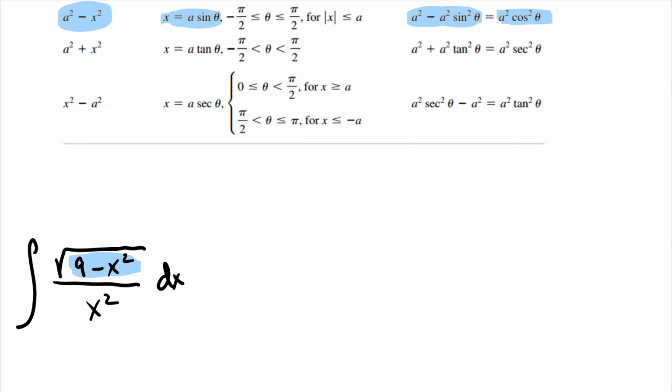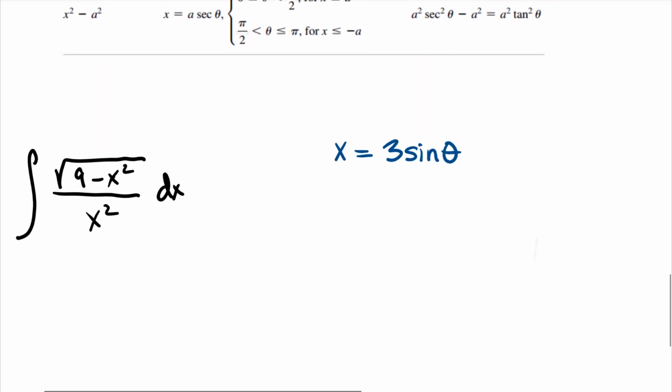We're actually subbing in a backwards way. So this is what we need to do. That's going to be our sub. Let's let x equal 3 times sine of theta. We're going to change them into angles, and we'll deal with it there.